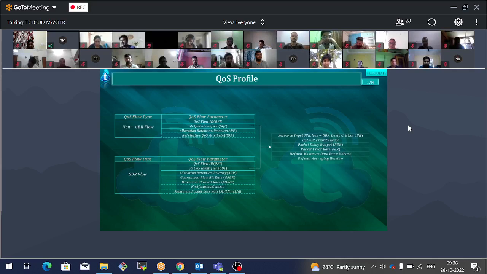Non-guaranteed bitrate flow won't have any guarantee for its data rate. On the other hand, guaranteed bitrate flow would have some data rate associated with it, guaranteed from the network. So at the time when a QoS flow is getting created or established, it mandatorily needs to be identified as one of these two categories, whether it is a non-GBR flow or a GBR flow.